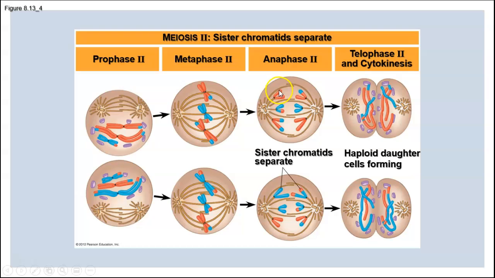In anaphase, the centromere is now going to split, and the sister chromatids, now separate chromosomes, will be pulled apart, and then we'll end up with telophase 2 and cytokinesis, like we saw before. But this time, our daughter cells will only have one copy of each chromosome, rather than the duplicated chromosomes we had at the end of meiosis 1.